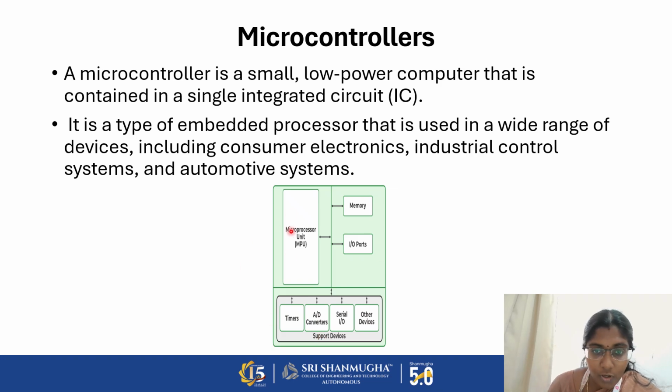The microcontroller consists of a microprocessor. In addition to the microprocessor, it consists of memory, input output ports, timers, A to D converters, serial input, and other peripheral devices. All these peripheral devices in addition to the microprocessor are made into a single chip as a microcontroller.